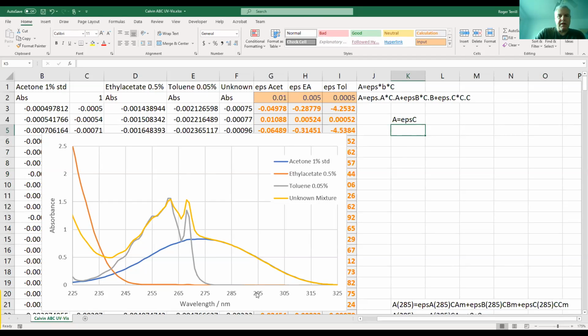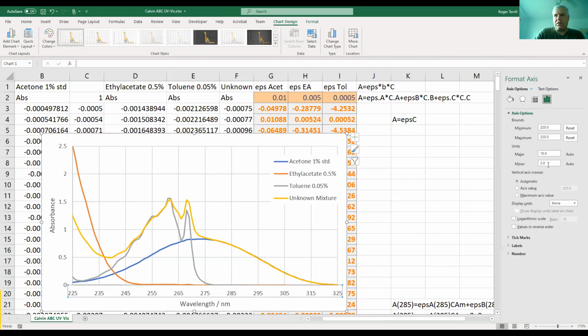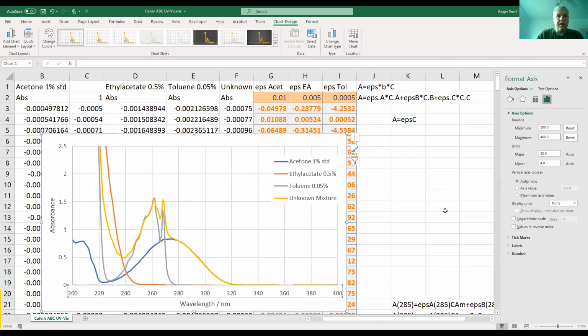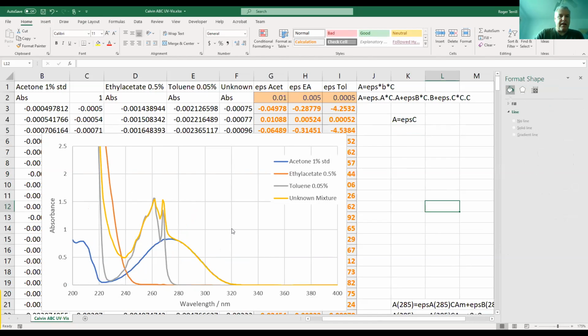So now I'm going to format this axis here so we see everything. So minimum of 200, maximum of 400. Okay. So this is actually the data that we took.